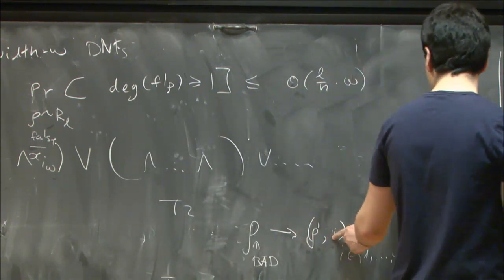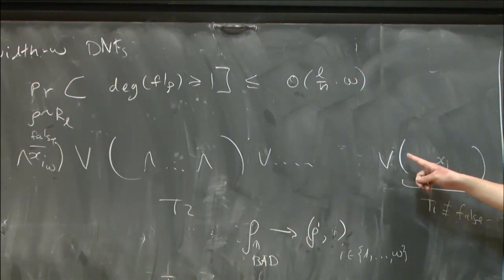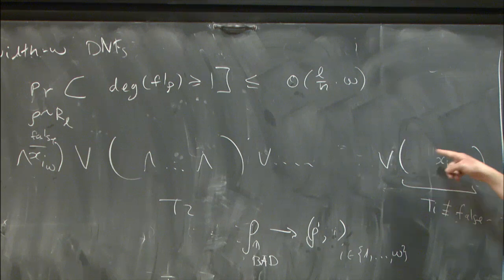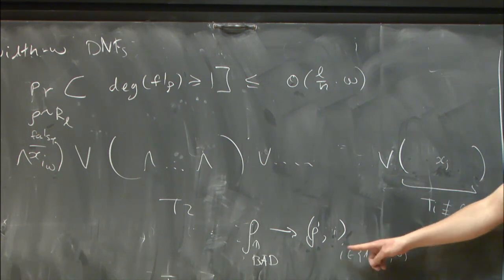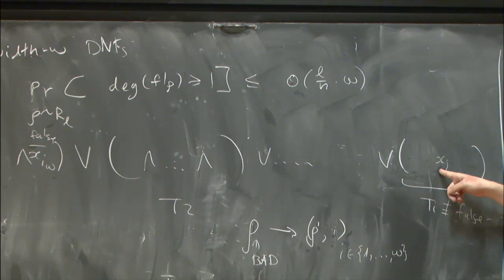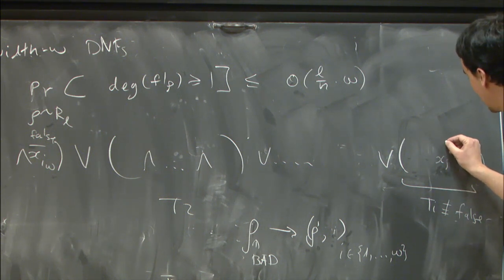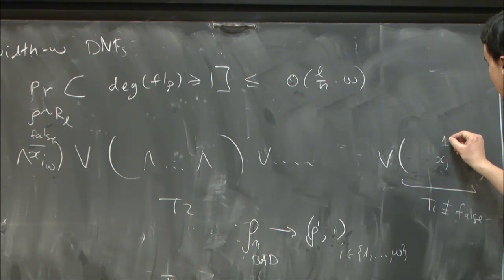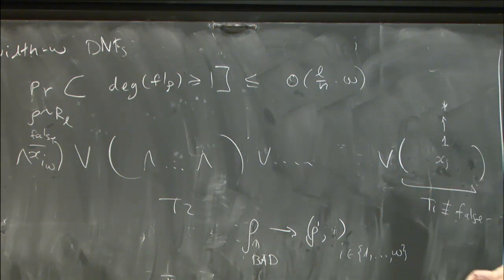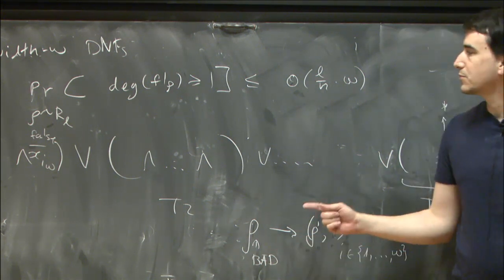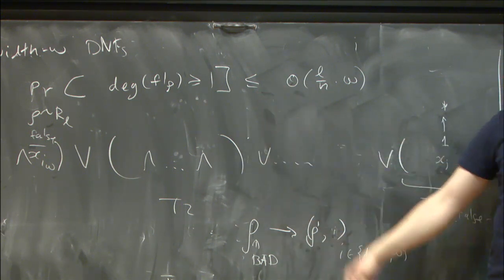There are many variables here, and all the variables that are set are satisfied. But because we kept this index, we know which variable we set. So if it was 1 after rho prime, we can now return it to be a star again. So we can decode, and this proves this thing.